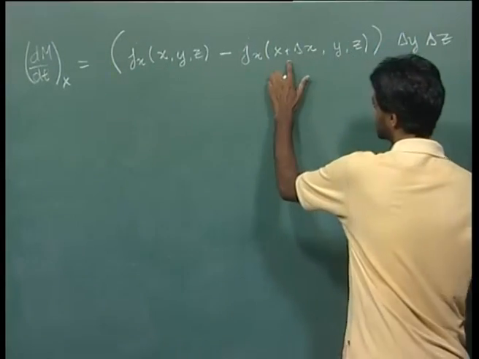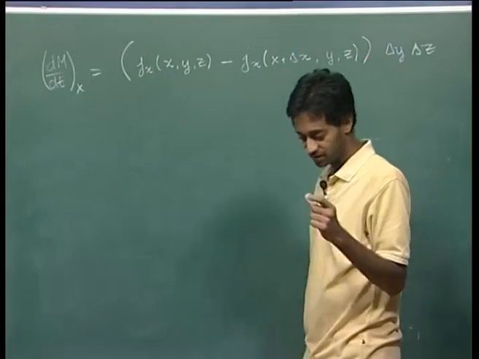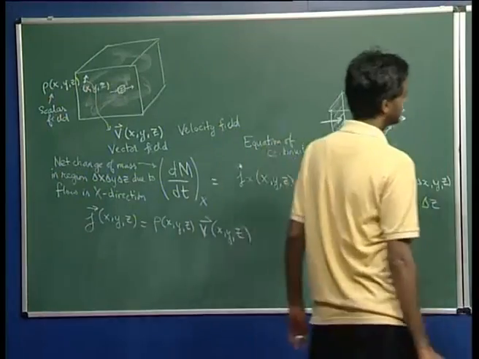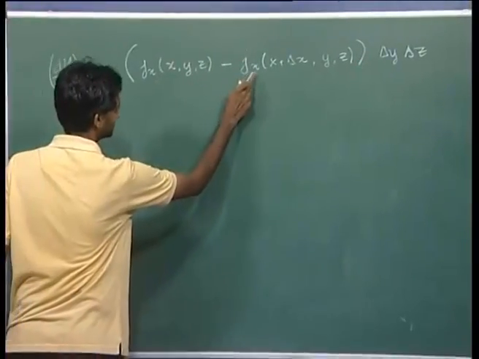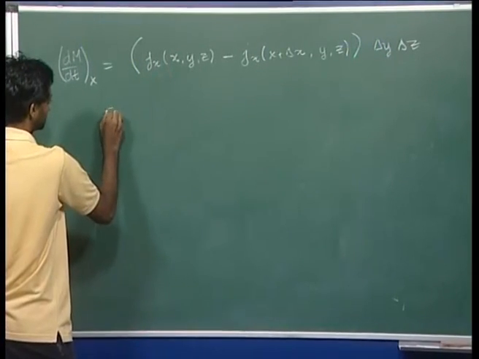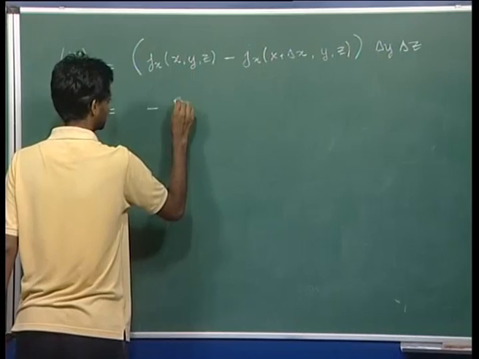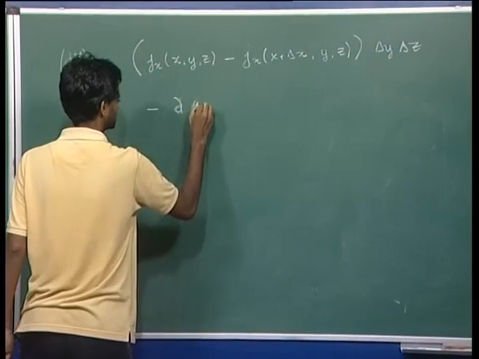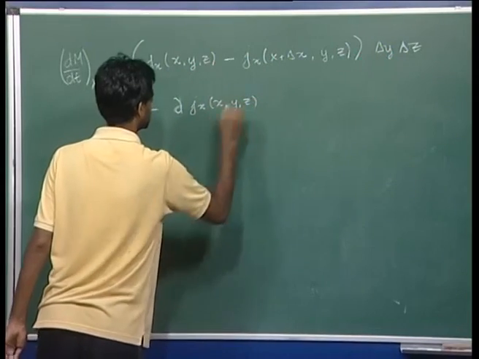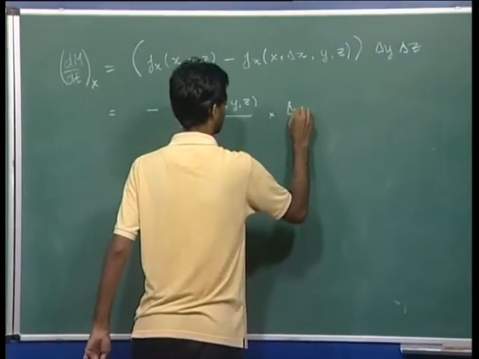Now if this volume element is very small, then this difference, j of x plus delta x minus j of x, is nothing but the partial derivative of j x of x, y, z, into delta x.